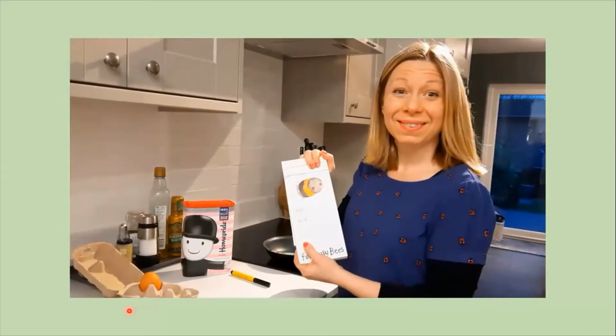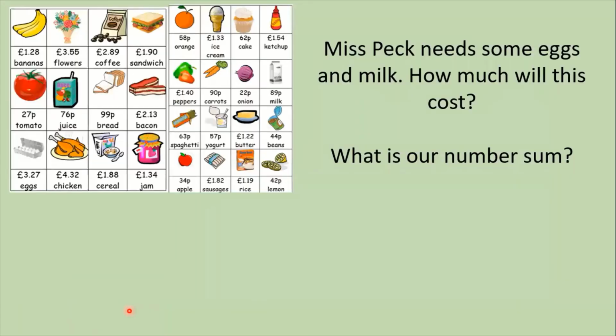Okay then, so Miss Peck needs some ingredients for her pancakes for Pancake Day next Tuesday. So she needs some eggs and some milk. Looking at our shopping list, can you see if you can spot them? What would our number sum be?